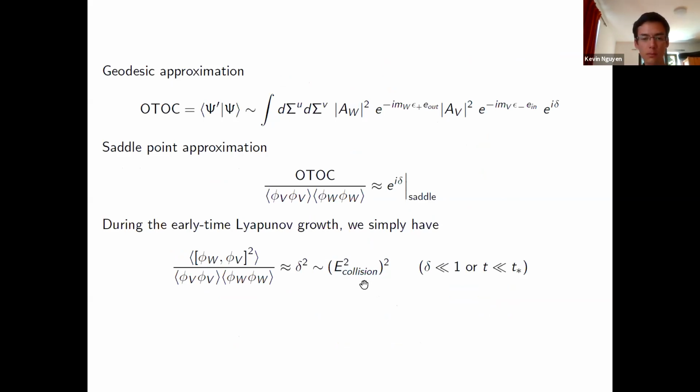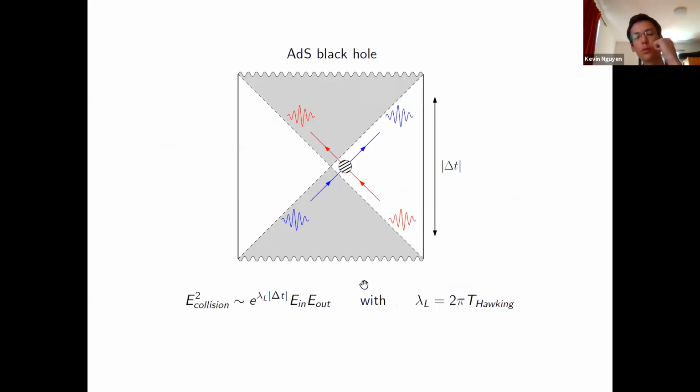So this is probably a good time to get back to this picture that I had in the beginning, where I explained that, in the presence of a black hole, the energy of the collision grows exponentially with the time separation on the boundary. So just from that, you can already estimate what's going on with the commutator squared. Okay, any question at this point?